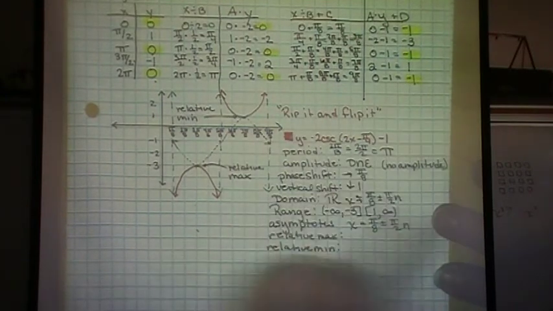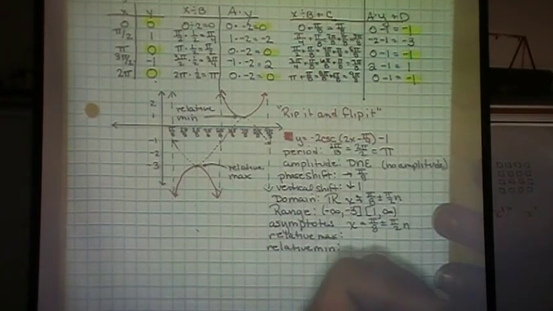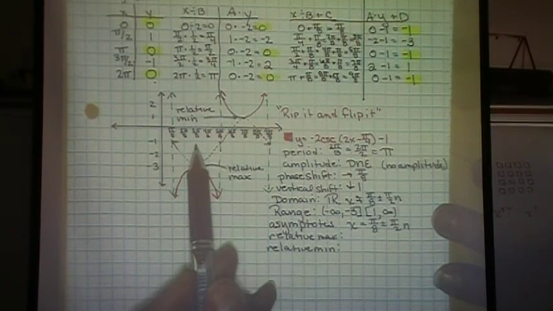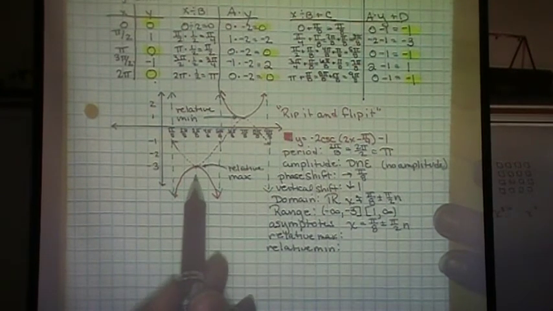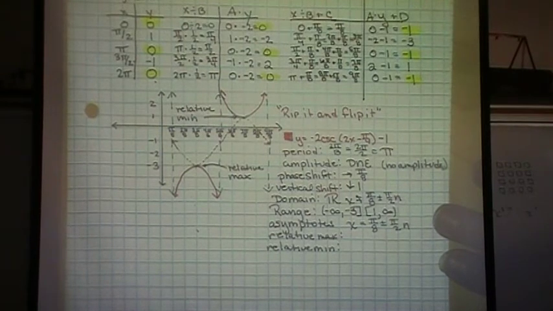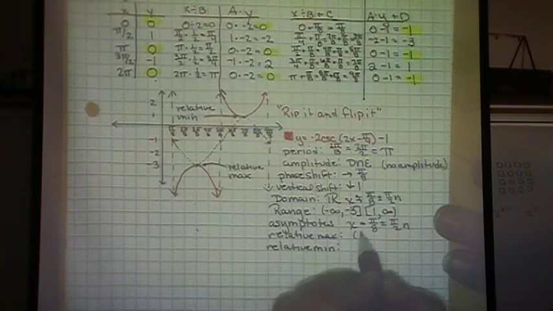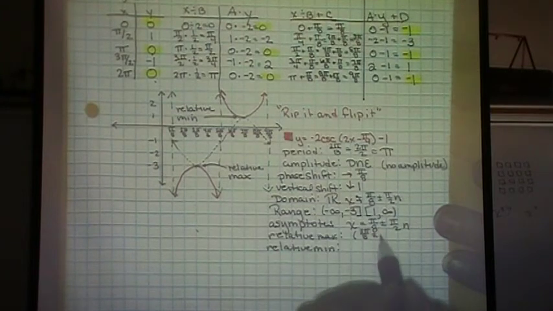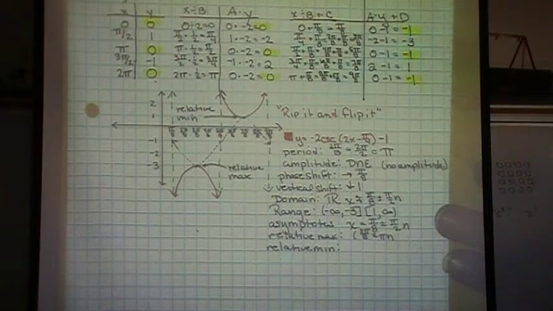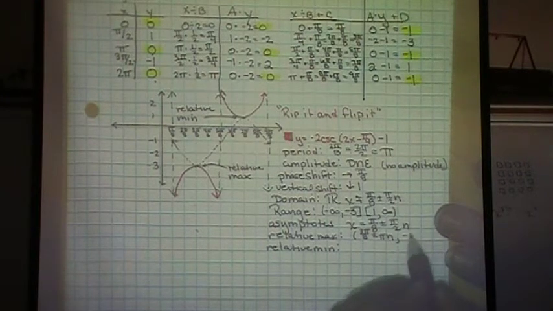But that's going to repeat every period. So I need to include the other x values. The y value is always going to be negative 3. But as I go around that circle, every time I hit 3 pi over 8, I'm going to have a max. So it's 3 pi over 8 plus or minus my period times the number of revolutions I go, comma, negative 3.